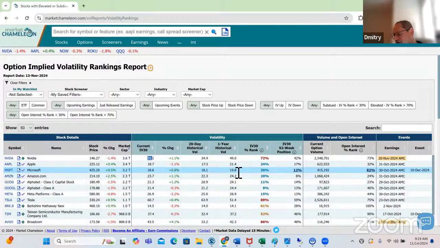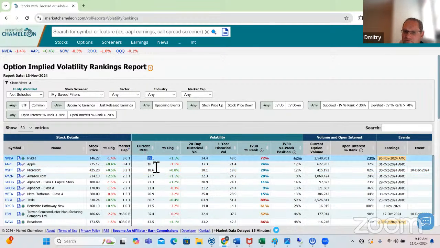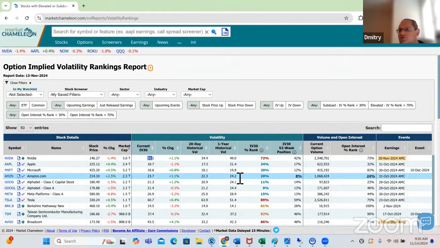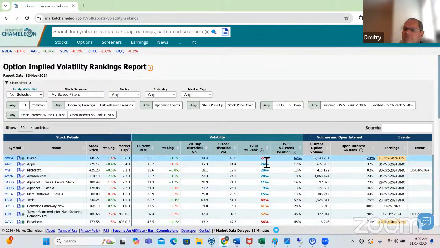That means everything prior to today was above the level, everything would have been above 55. So this IV percent rank is always going to be between 0 and 100. So what does 72% mean?